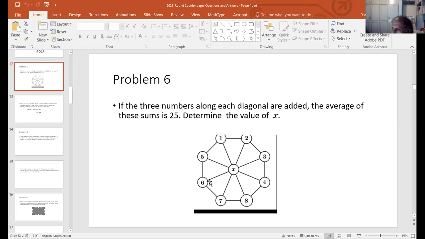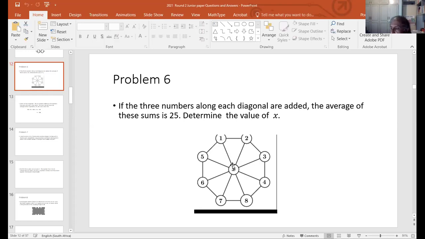Then you have just two more. This looks like the x-axis and the y-axis here. And then there are two more. So there are four diagonals. Right. So if the three numbers along each of these four diagonals are added, there are three numbers in each diagonal. The average of these sums is 25.